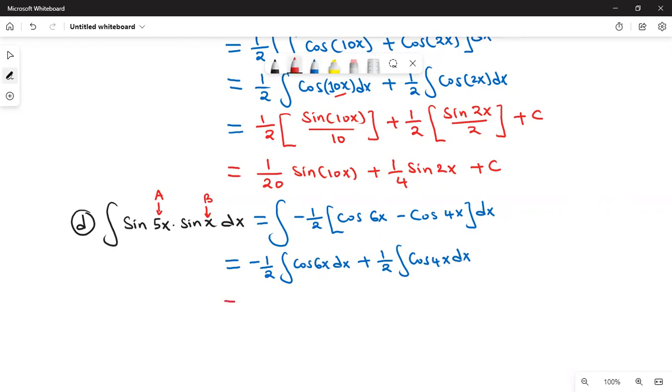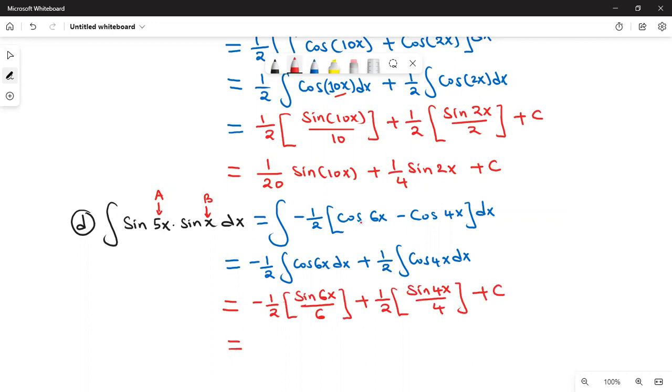So what do you get when you integrate this? Of course, what did you differentiate to get cos? When you differentiate sine, you get cos. So this is negative 1/2 times sine 6x divided by 6, let me put this in bracket, plus 1/2 in bracket sine 4x divided by 4, and plus a constant c of integration.